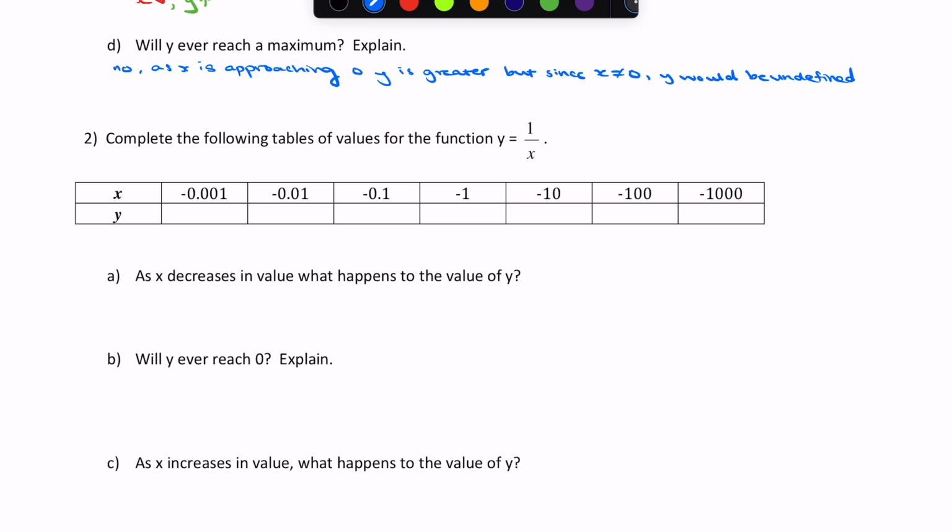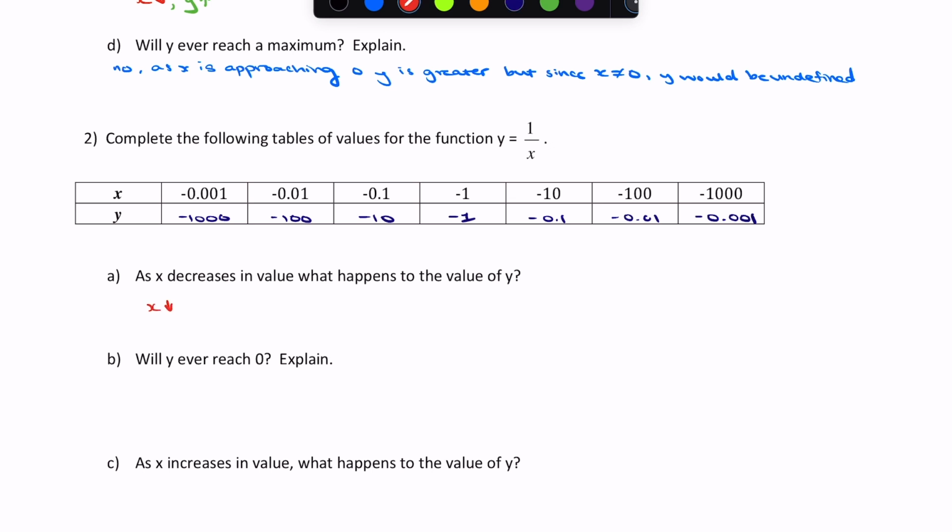So here we see that if we sub those values in, we'll get negative 1,000, negative 100, negative 10, negative 1, negative 0.1, negative 0.01, and negative 0.001.